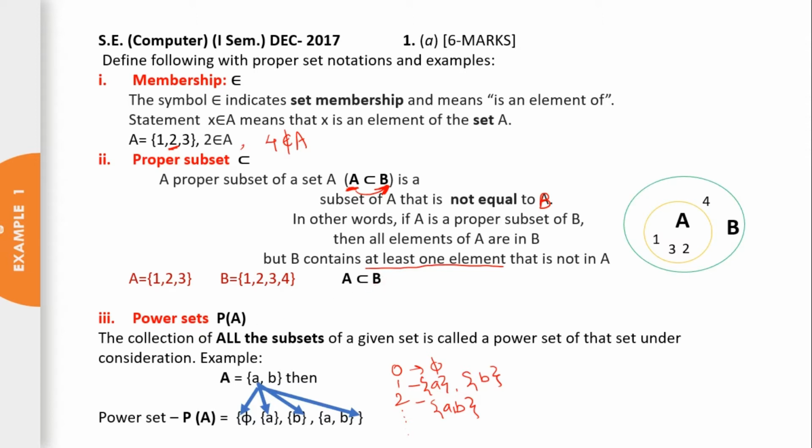Power set. The collection of all possible subsets of a given set is called the power set of that set under consideration. Example: set A has 2 elements, a, b.